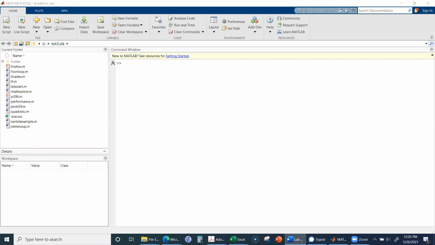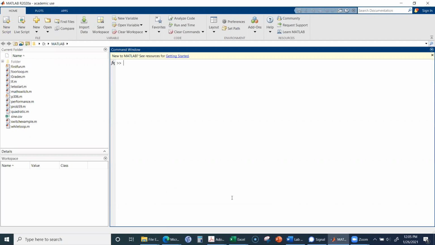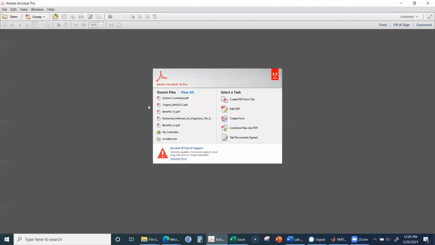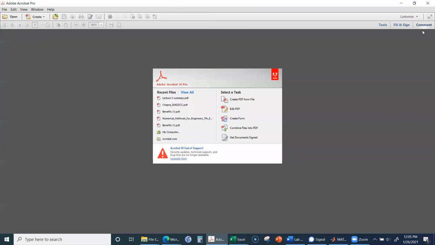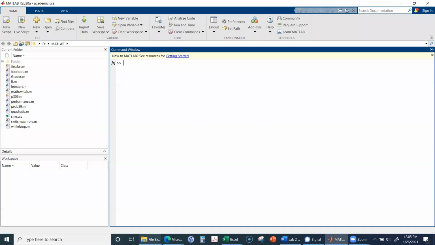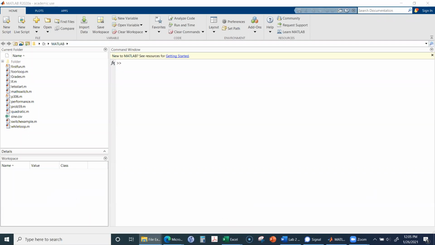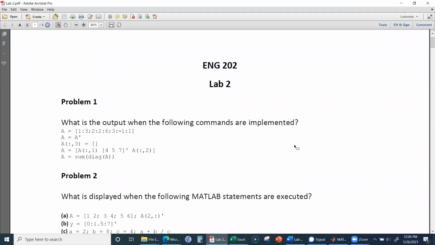Maybe I can also open it here. Yeah. So can you see this problem file?